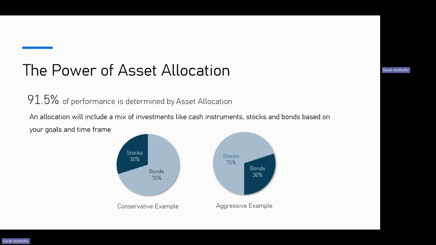When we think about our asset allocation, it's just really an approach to manage our investment risk by diversifying among our asset classes. Over any period of time, one asset class may be increasing in value while another is falling. So having an asset allocation and diversification does help us manage our investment risk. So this goes back to when I'm selecting an investment for the product that I'm going to be using for my goal.